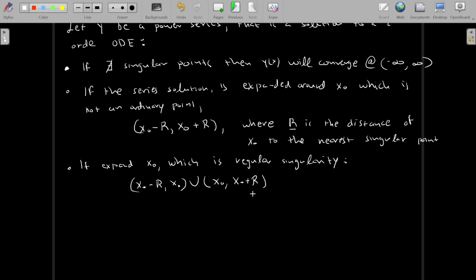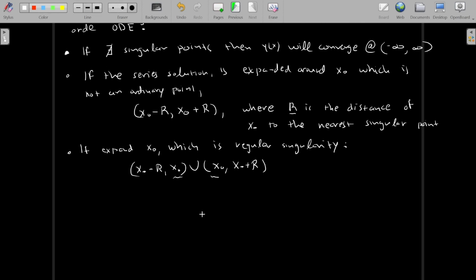Later on, we can check what happens specifically at this point, depending on the positiveness of the roots of something called the indicial equation, and we'll see how it will work. There is an exception to all of these.